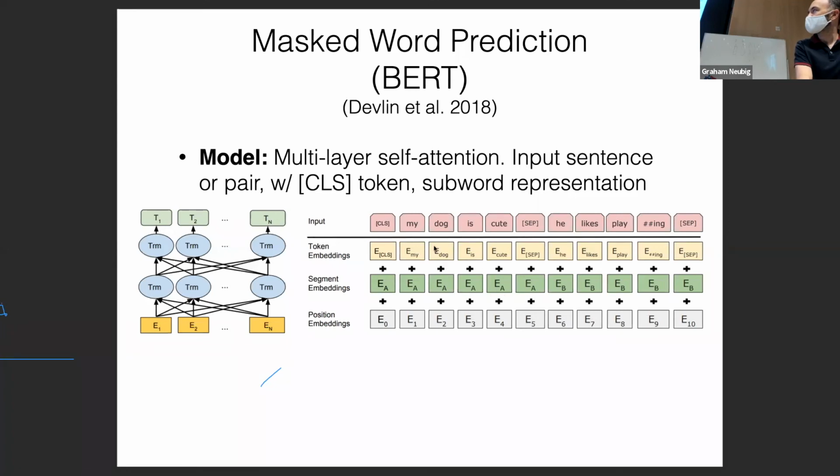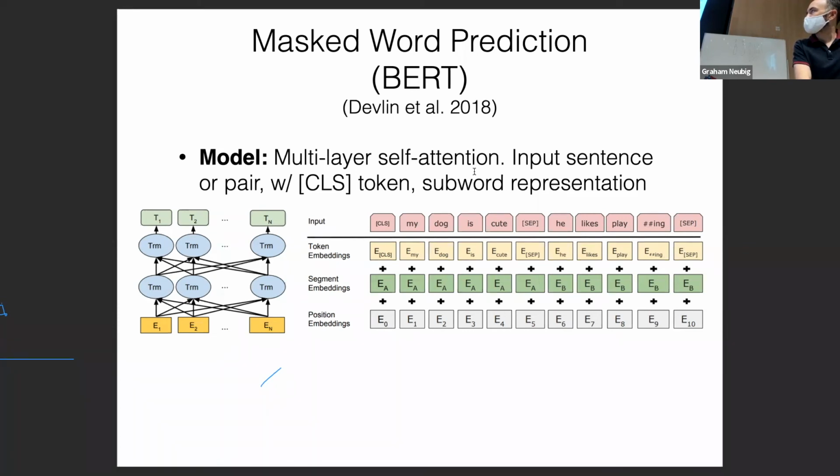So this is kind of like what we talked about last time. We have the token embeddings, and the token embeddings can have, for example, multiple sentences. So you'd have a separator between the multiple sentences that you're handling. And you also have this CLS token here at the very beginning. And you also have embeddings of which segment you're in. Are you in segment A or segment B?